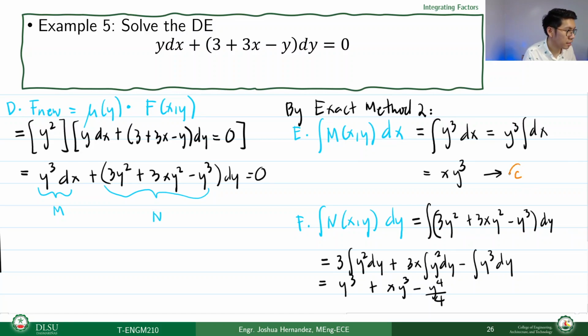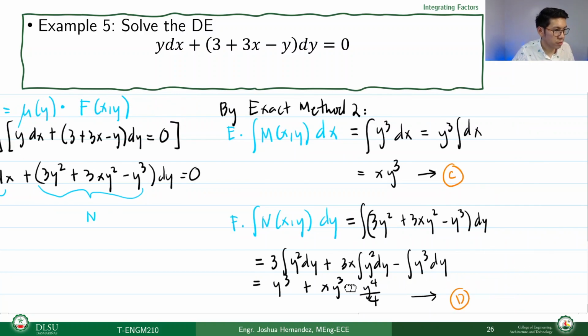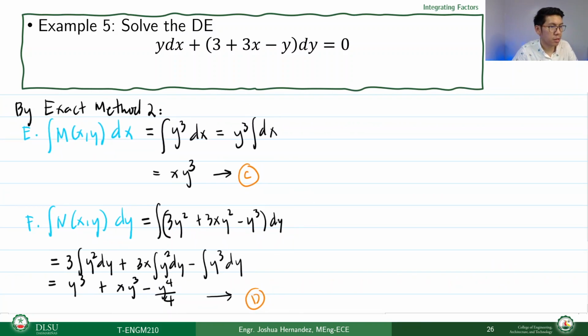So, since nakasaynayan natin si equation C, this is equation D. Merging the two, C and D, we'll notice na meron tayong isang similar term, xy cubed and xy cubed here.